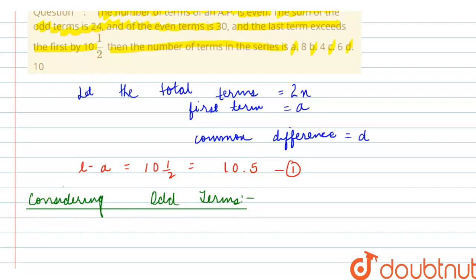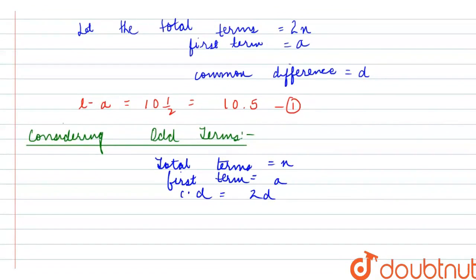Total terms is equal to n, the first term would be A and the common difference is equal to 2D, because it would be the first term, third term, fifth term, so the common difference would be doubled compared to the original series.